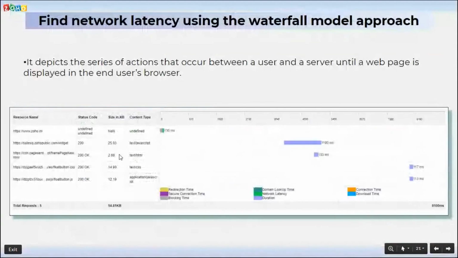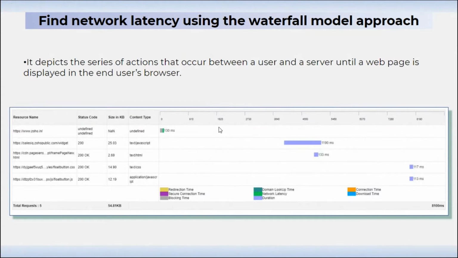However, right here in this graph, which is the waterfall graph, all of this becomes even clearer. Where on the left we have the exact name of the resource that is loading, and here you know the type of resource it is. So if you see an image file here with an increased load time, you can probably then ascertain that this particular image file with this delayed response time is creating a problem.